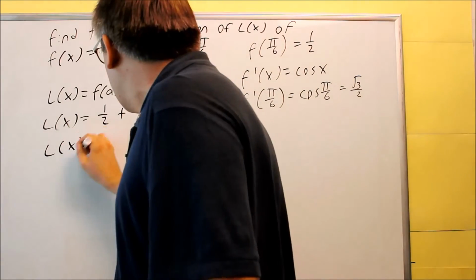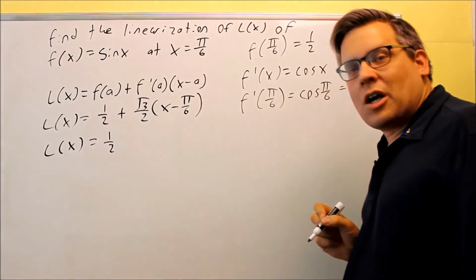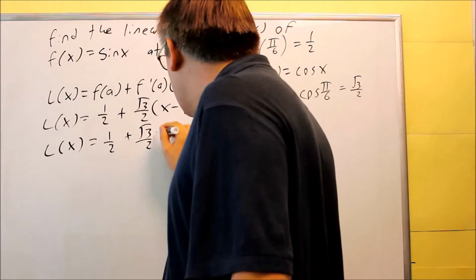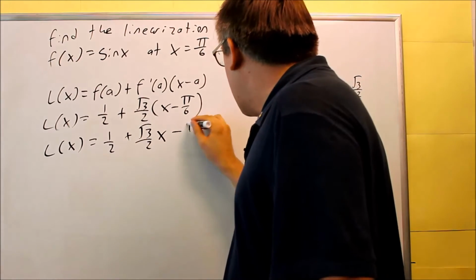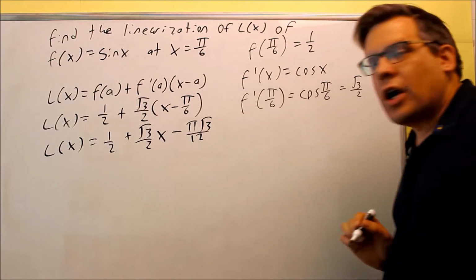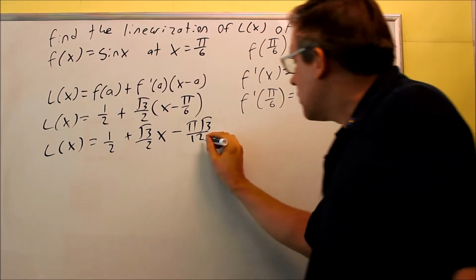So we'll combine this a little bit more. We're going to multiply both things by square root of 3 over 2, and we're going to get root 3 over 2 x, and we're going to get minus pi times root 3 all over 12. When we multiply across the top and across the bottom with those fractions, we'll get that.